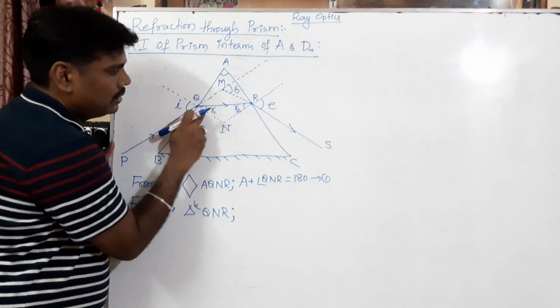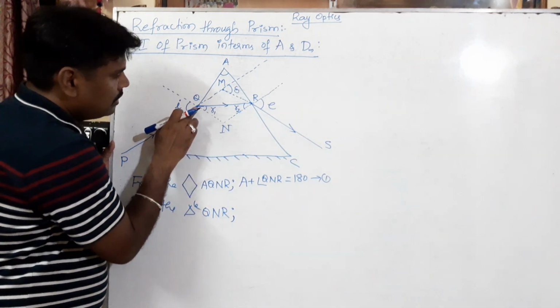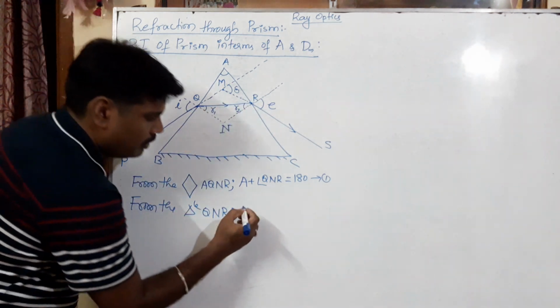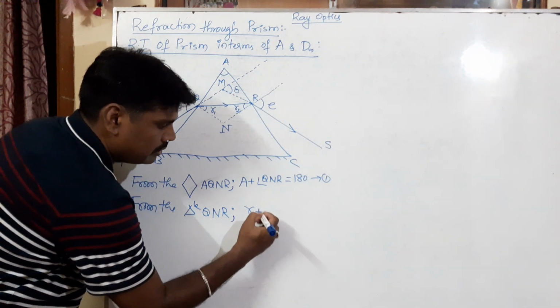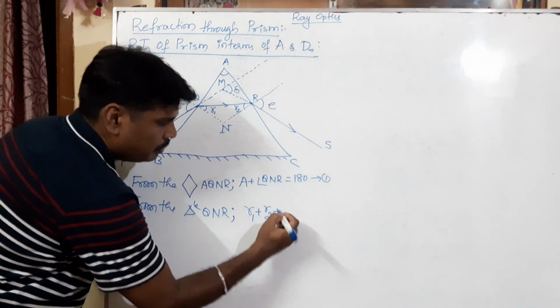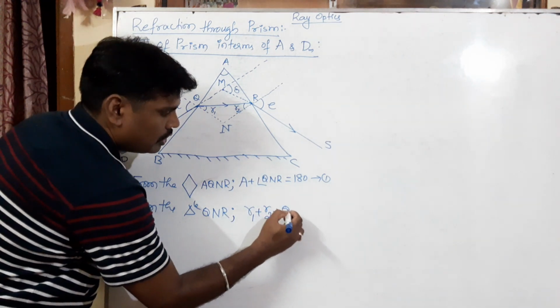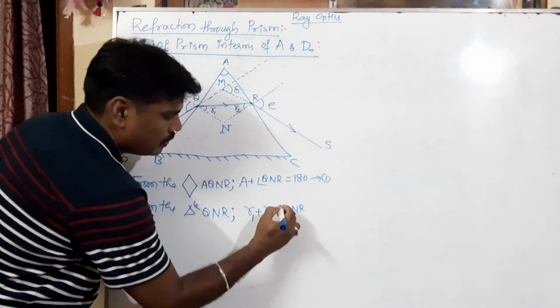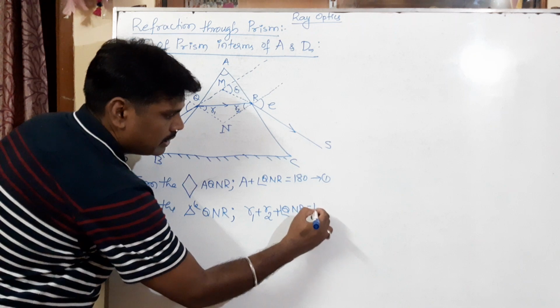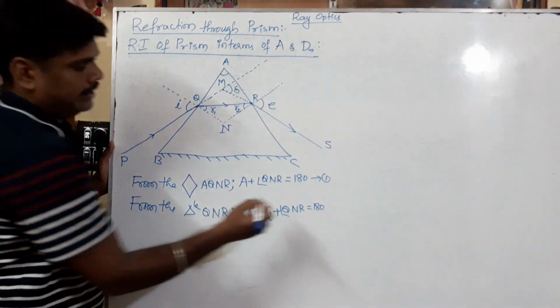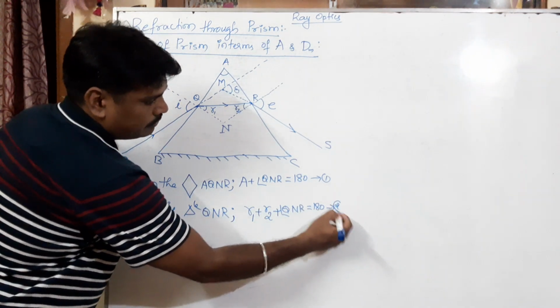R1 is one angle, R2 is another angle, and the last angle is QNR. The sum of these three, R1 plus R2 plus QNR, is 180 degrees. Say this is equation number 2.